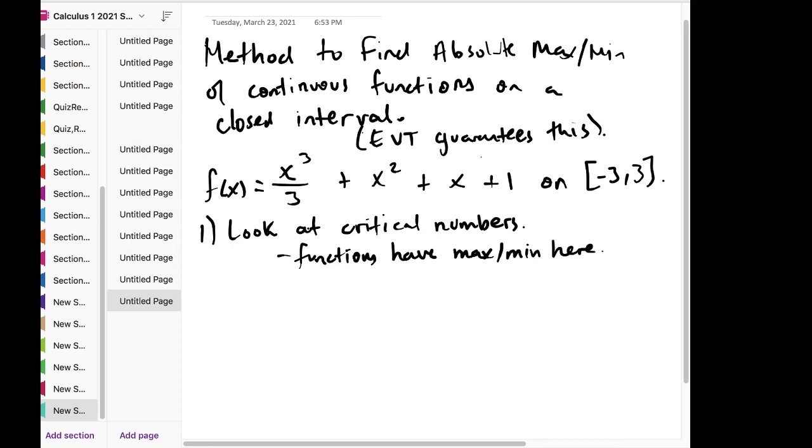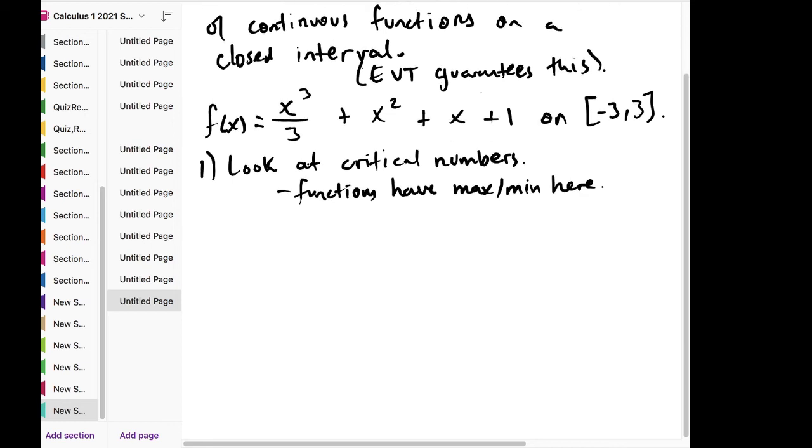What other place do you think might be a candidate for a maximum or minimum, other than critical numbers? Remember, this is on a closed interval.